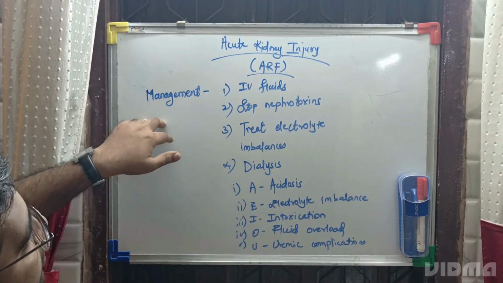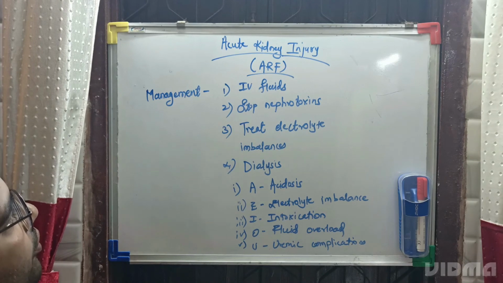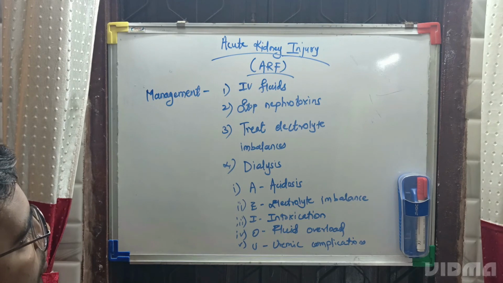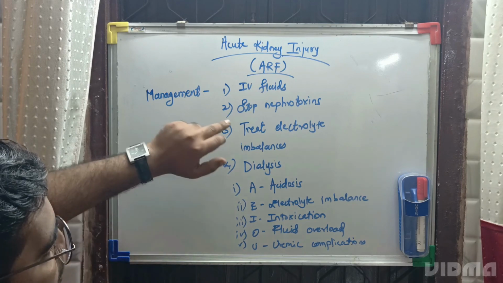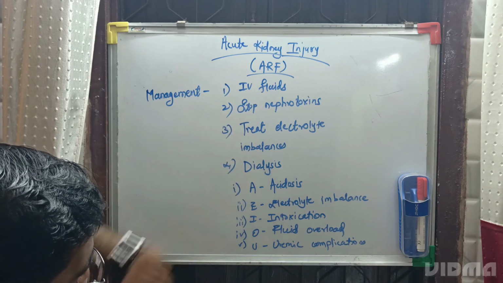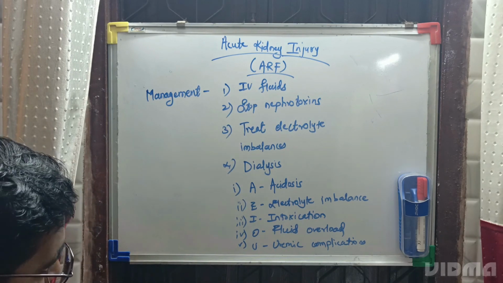Now we will focus on the management of acute kidney injury. There is a decrease in the fluid, so we have to start IV fluids. The second one is to stop nephrotoxins.